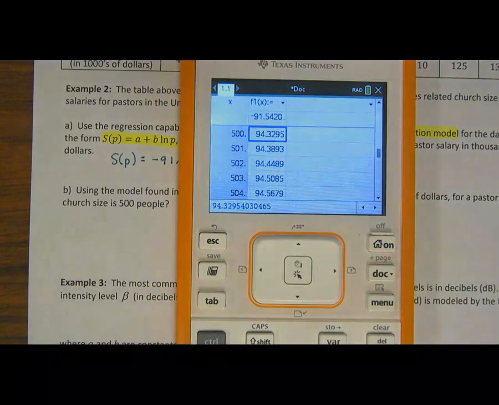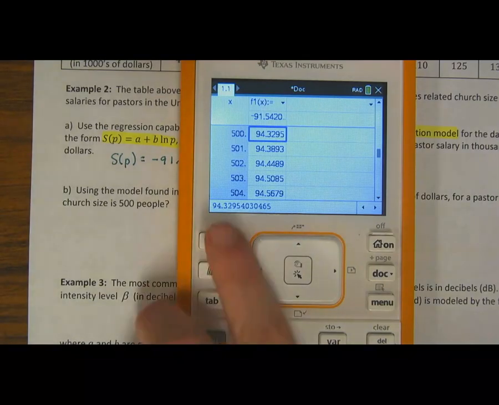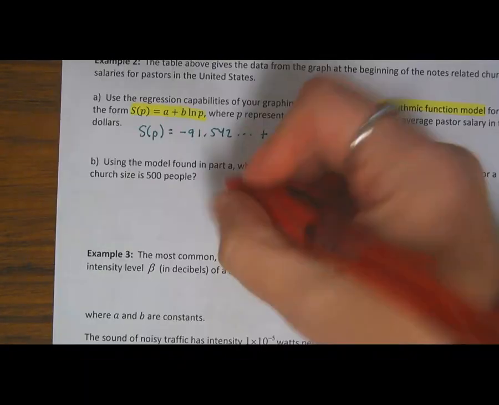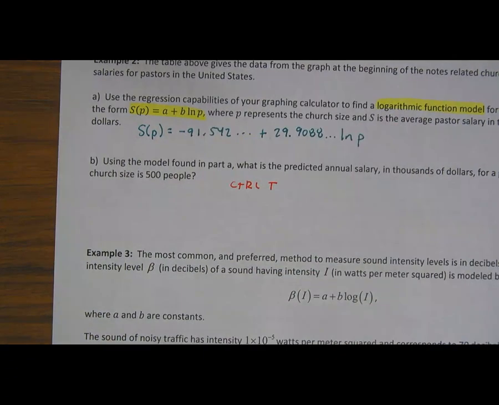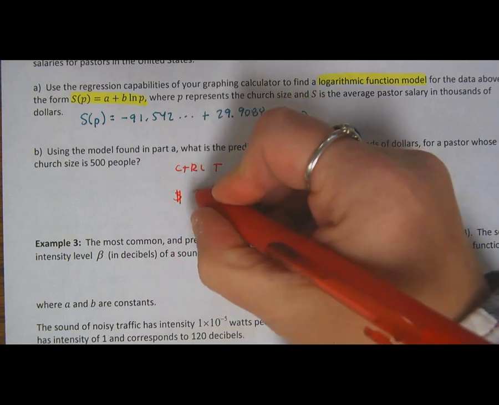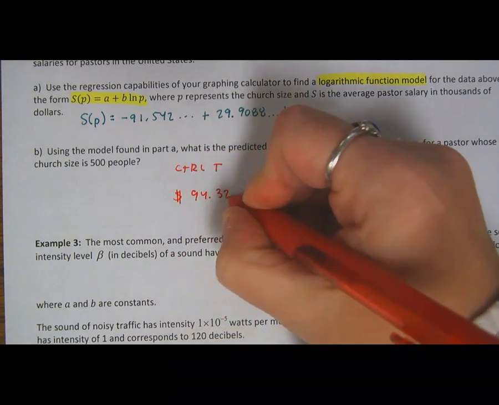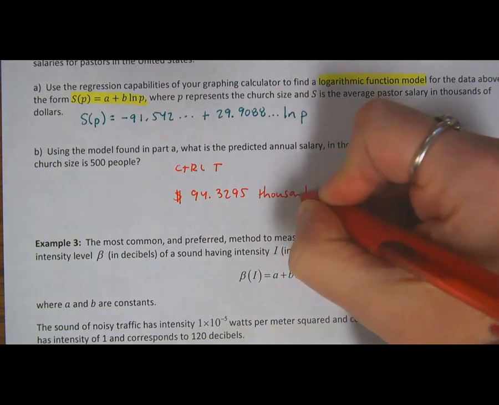Now, the way we write this is going to be kind of weird, but we're going to write 94.3295 thousand. We got 94.3295. If you just put the word thousand on there, that's good.